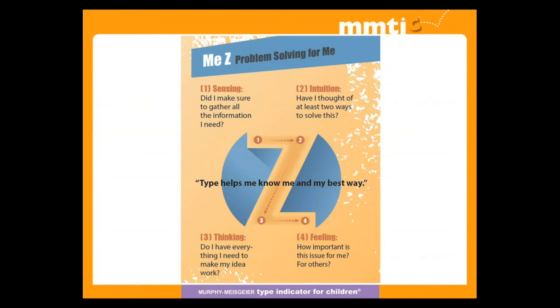Because development isn't about absence or presence. It's about whether the energy of that function is unconsciously driving you, or whether the energy of that function is in your conscious control. So if you think of all 4 functions, the sensing, the intuition, the thinking, and the feeling, as starting out in the unconscious.